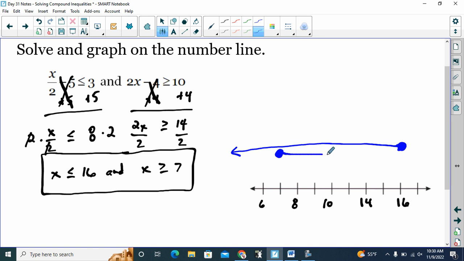Greater than or equal to 7 would look like this. Notice both of them are true in the middle, in between. So I need a closed circle on the 7, a closed circle on the 16, and for an and statement, I shade in where they're both true. They're both true in between 7 and 16.